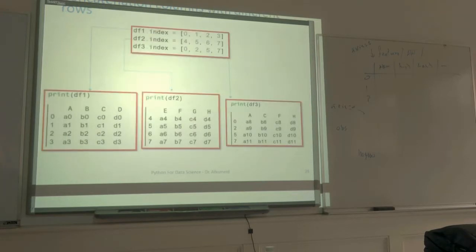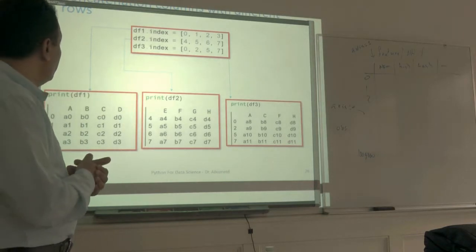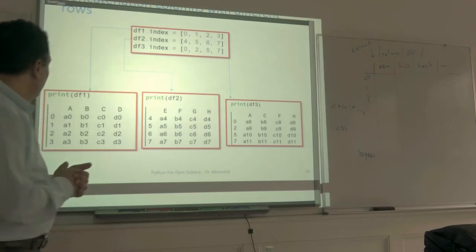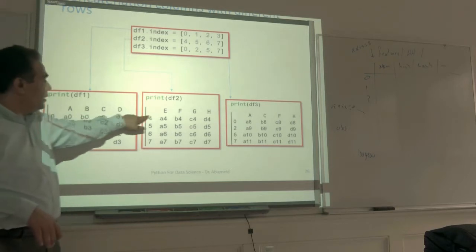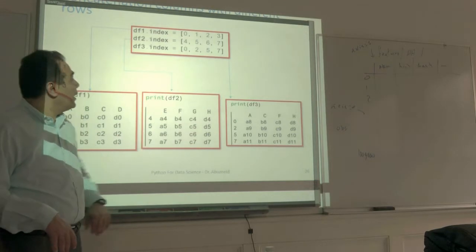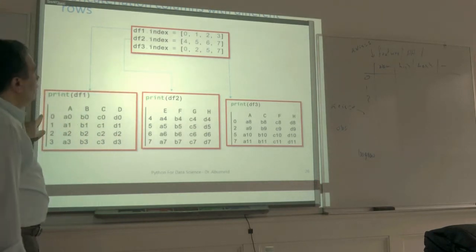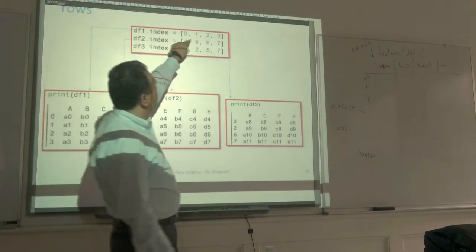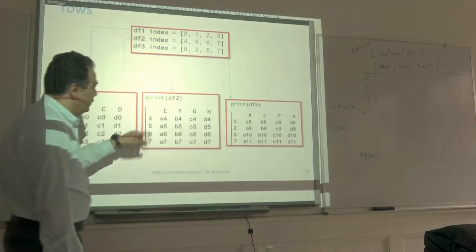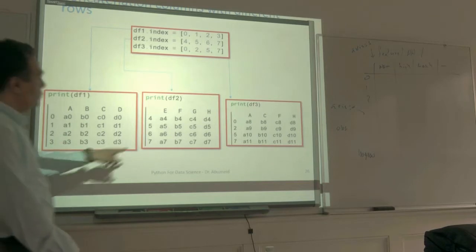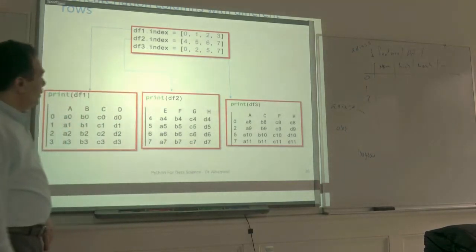So when we need to concatenate columns with different rows, now different rows, not different columns, different rows. So in here, for example, I have A, B, C, D, E, F, G, H, A, C, L, okay? Now if I look at the index in here, this is 0, 1, 2, 3, 4, 5, 6, 7, and so on and so forth. This is 0, 2, 5, 7, all right?